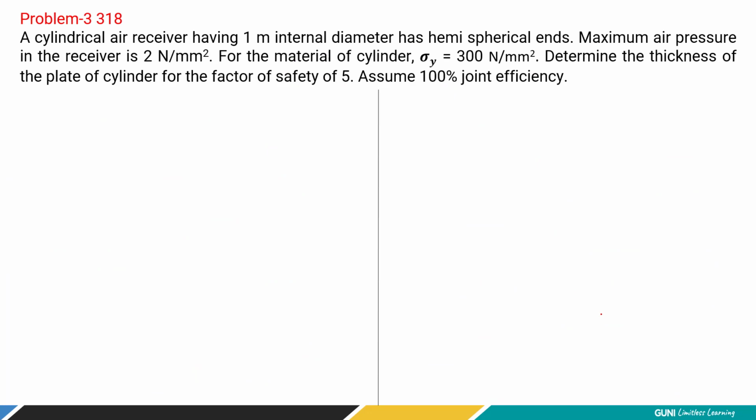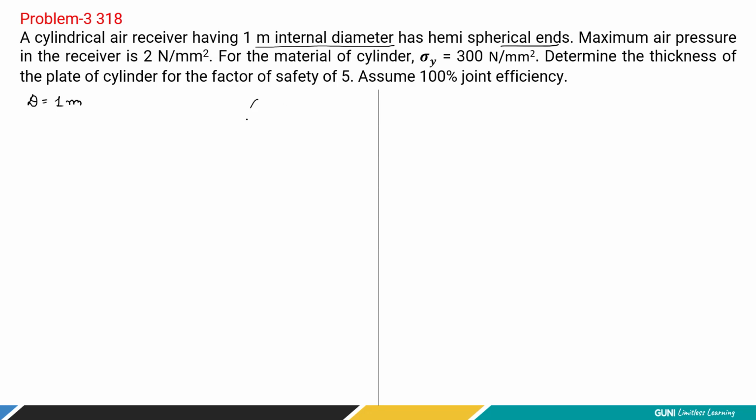Let's try to complete the remaining design of thin cylinder and spherical cylinder. So here, a cylinder air receiver having 1 meter internal diameter. So internal diameter D is 1 meter. It is given. It has hemispherical ends.